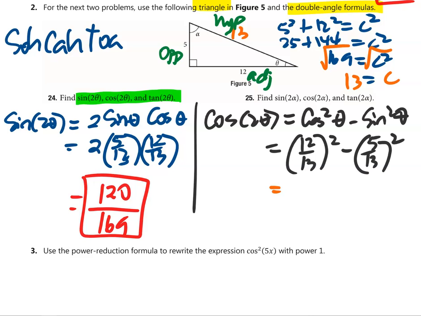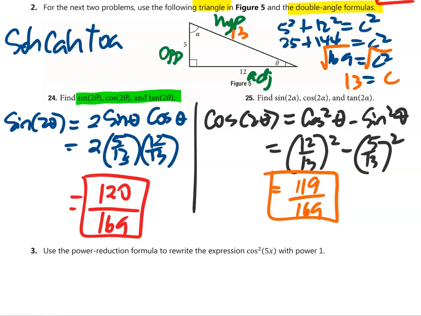So that is equal to 12 squared is 144 minus 5 squared 25 is 119 over 169.